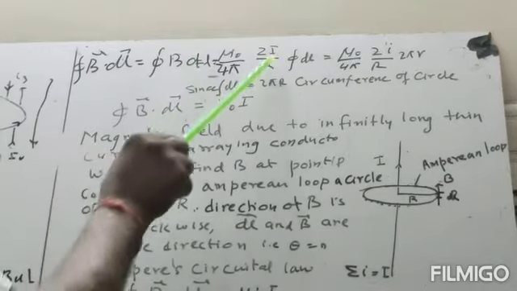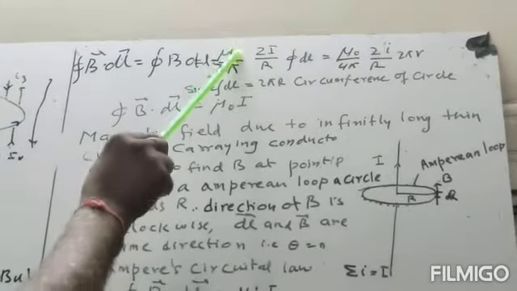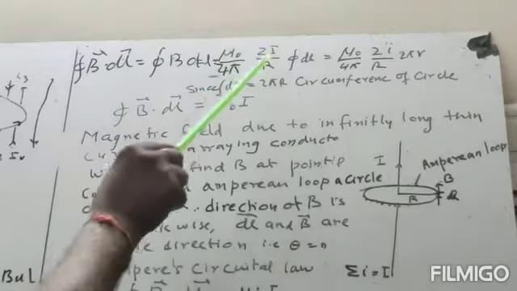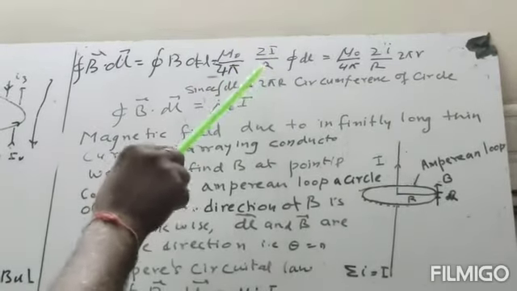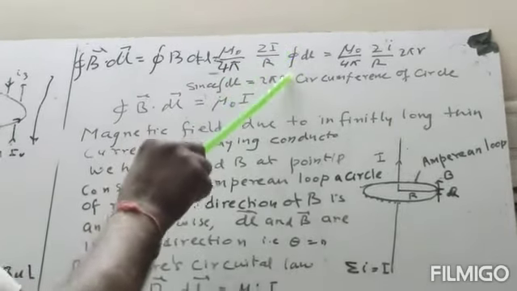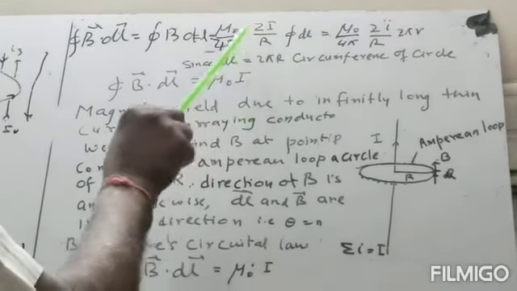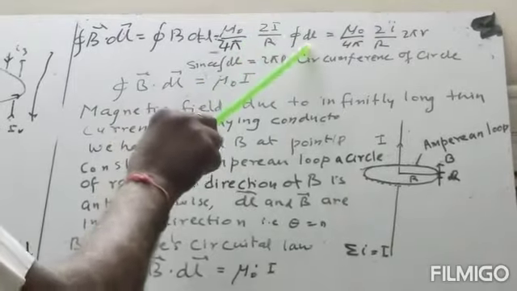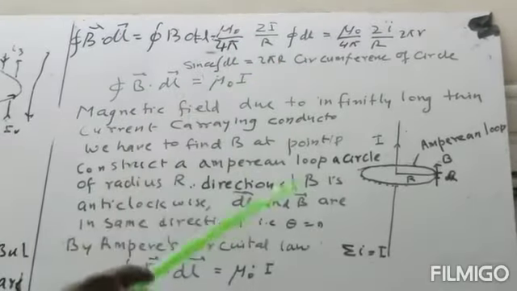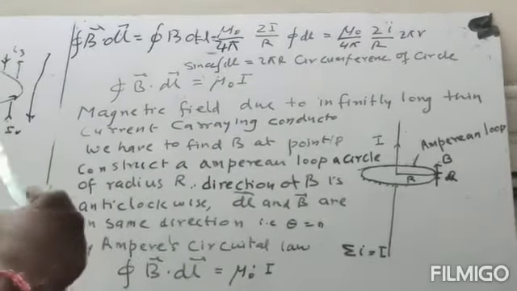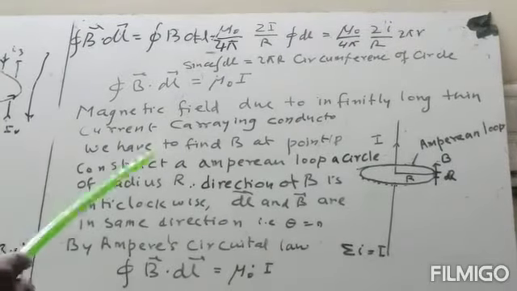So we have taken B outside the integral, and the value of B will be equal to mu 0 into 2I divided by 4 pi r, where r is the radius of the circle. Then the integral will be equal to dl, because all these quantities are constant. So dl will be the total length of the circle, that is the circumference.